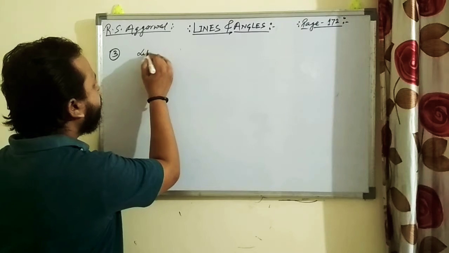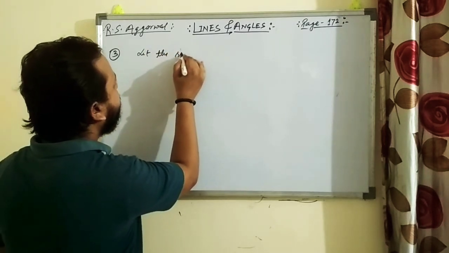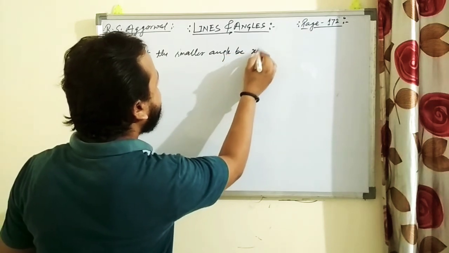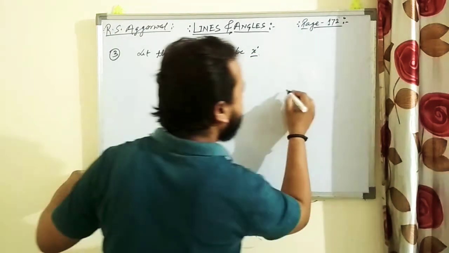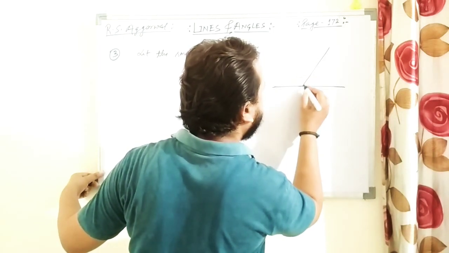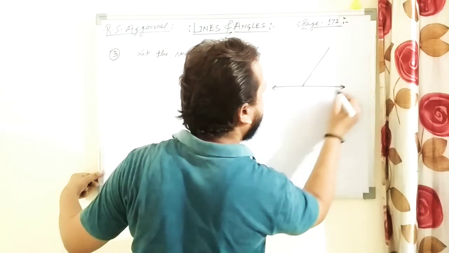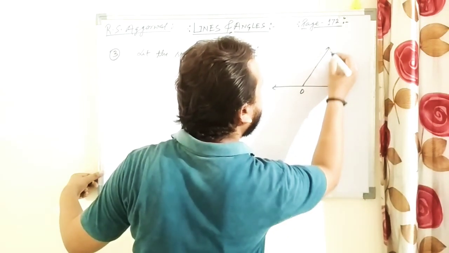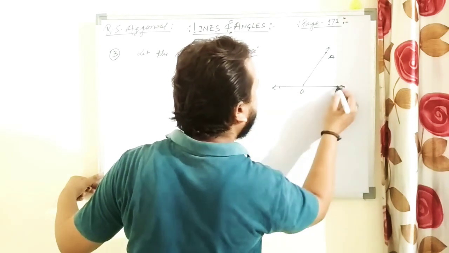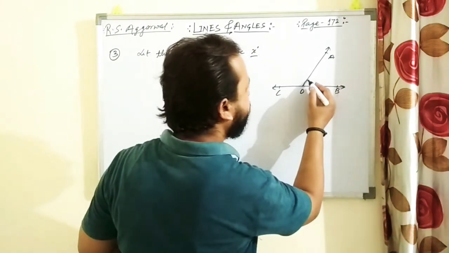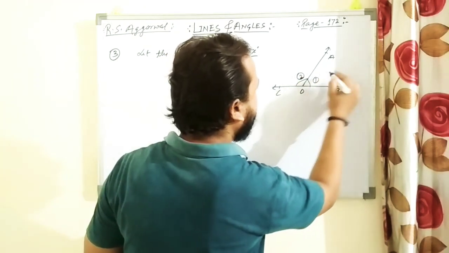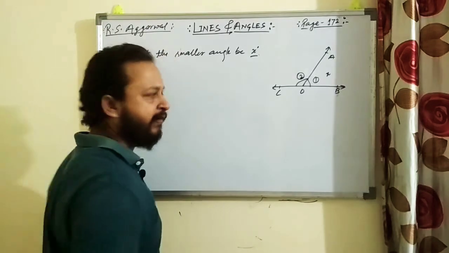So let the smaller angle be x degrees, right? Suppose this angle is 1 and this angle is 2. This is the smaller angle. We have, suppose, this is x degrees, right?